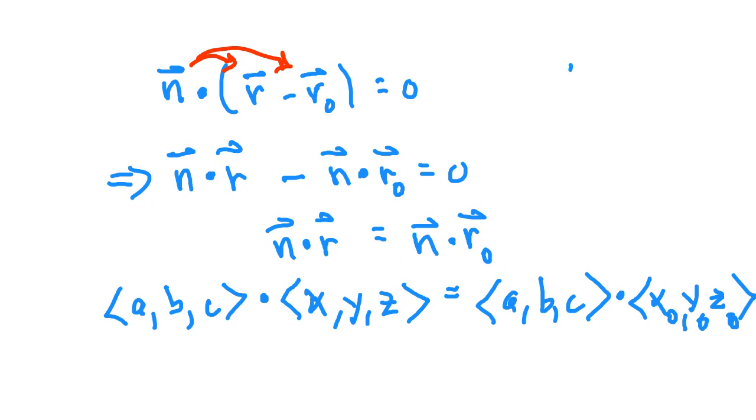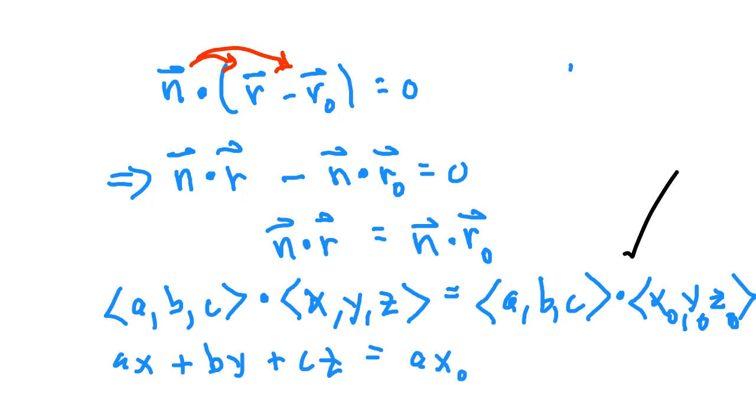So now what we're trying to do is find out what the equation of a plane is. If we look here on the left and do the dot product, we're going to have Ax plus By plus Cz equals, and then on the right, we're going to have A times x sub 0 plus B times y sub 0 plus C times z sub 0.